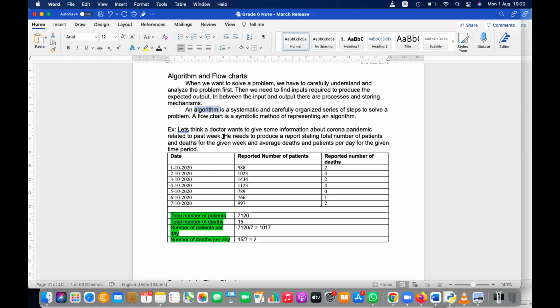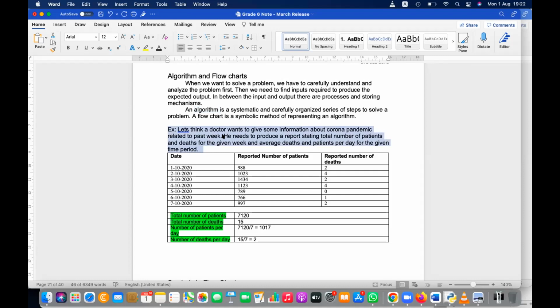For an example, let's take a doctor who wants to get a weekly summary about the corona pandemic. He needs to produce a statistical report, a weekly summary about the COVID deaths and COVID infections.